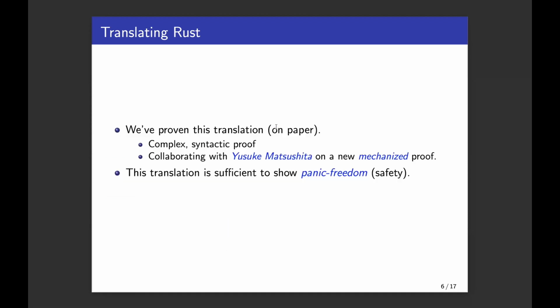So we were able to show the correctness of this translation on paper through a fairly tedious syntactic proof. And so it's a little bit unsatisfactory. As a result, we've been collaborating with one of the authors of RustHorn, Yusuke Matsushita, on a new mechanized proof based on a semantic foundation and implemented as an extension of RustBelt, the correct formalization of the Rust type system that we heard about on Friday.